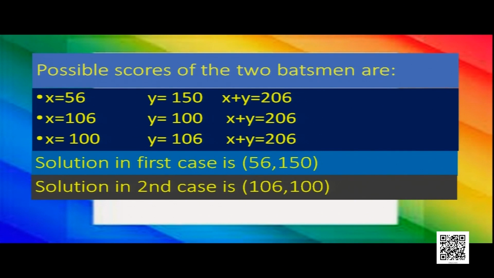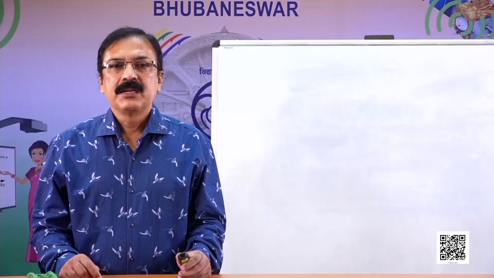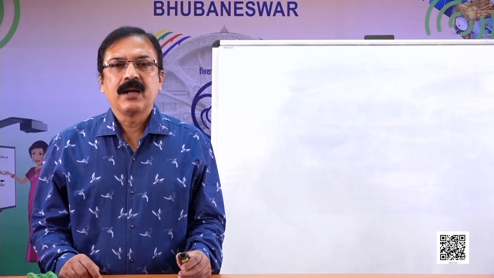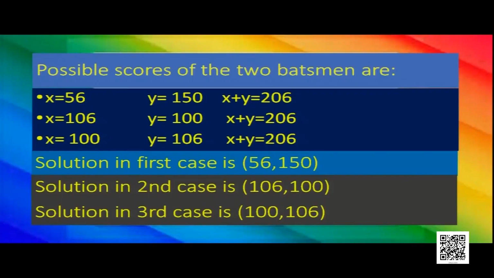So, here the solution can be written as (100, 106). Carefully see the representation of the solutions: (56, 150), (106, 100), (100, 106). For the last two cases, we have the same values, just the position is changed, and those values also satisfy the equation.